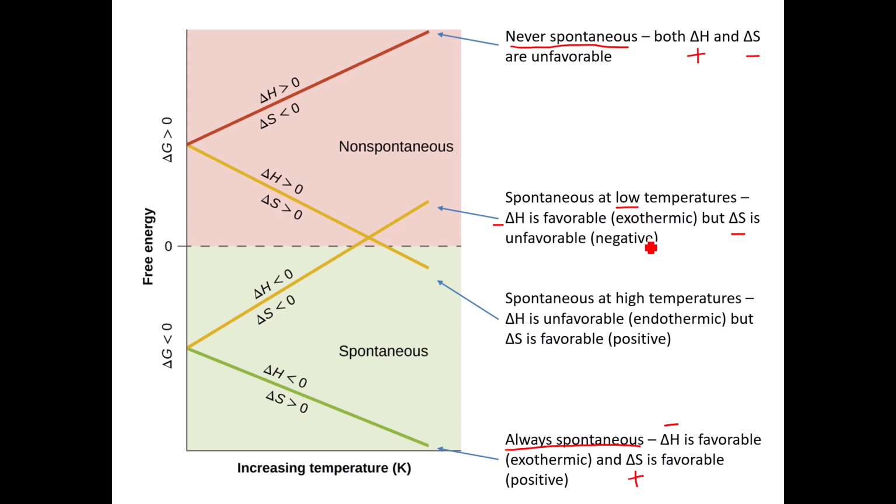So as temperature decreases, it becomes spontaneous. Or I can have an unfavorable delta H, which would be positive, endothermic, but a favorable delta S, which is also positive, indicating more entropy. And in this situation, as temperature increases, the reaction becomes more spontaneous. Alright, so on the left is a picture of how the graphs would look for each of these situations.